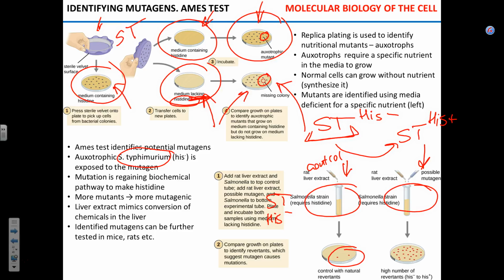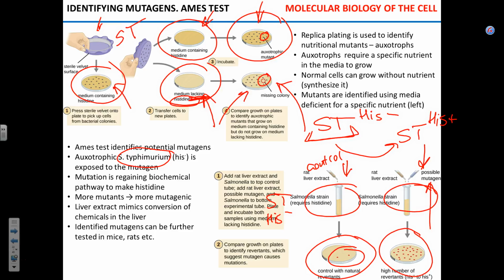If this chemical, this mutagen, actually causes mutations, increases chances of mutations, has mutagenic potential, the number of revertants in the experimental plate will be higher than in the control plate.